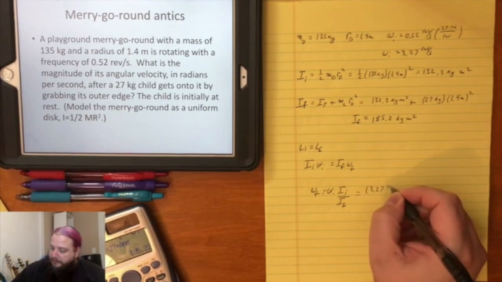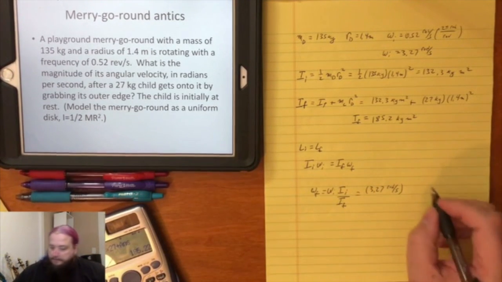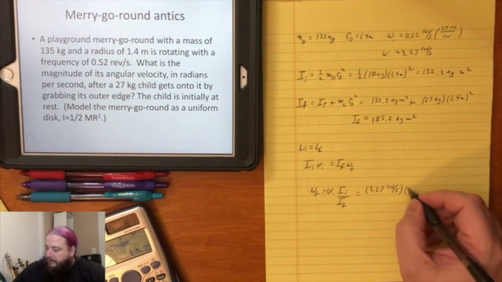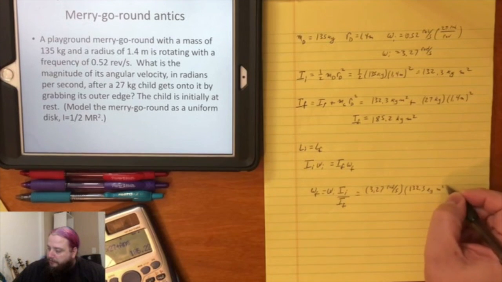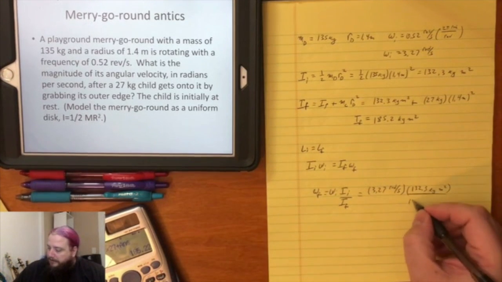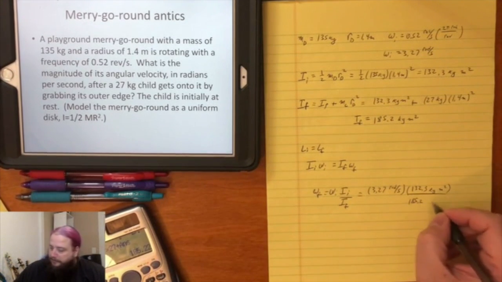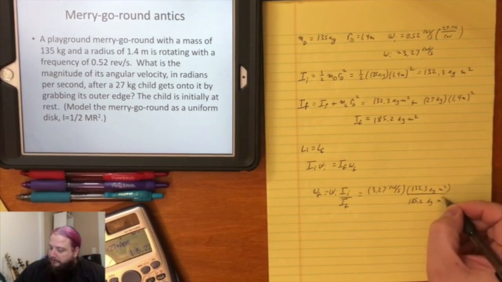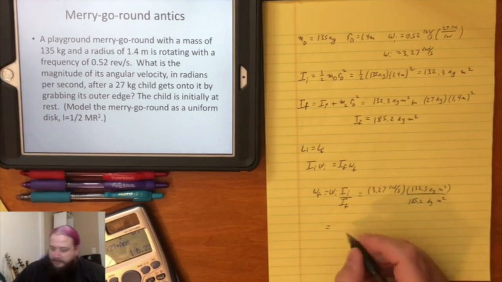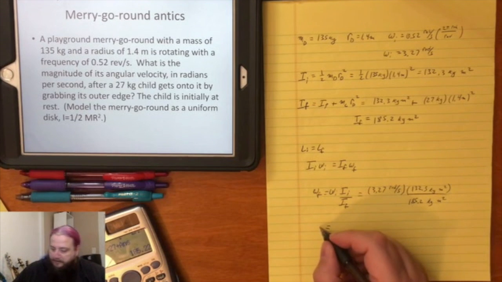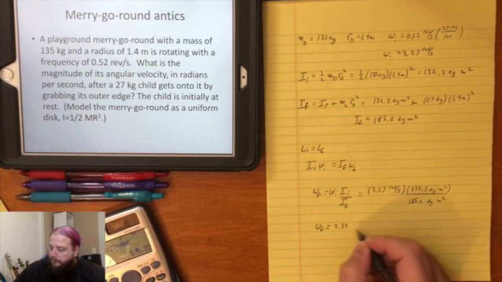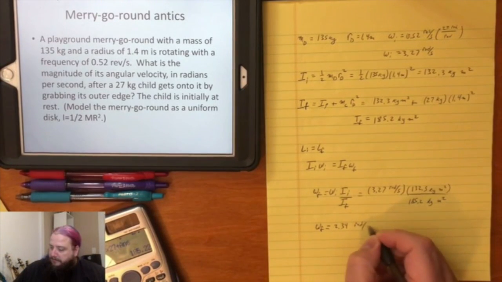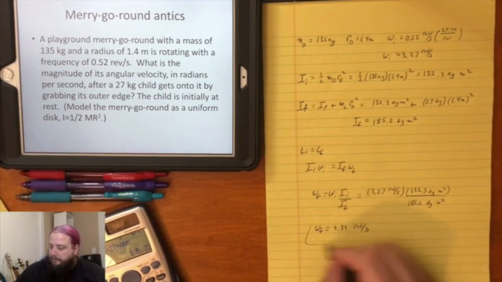So that's 3.27 radians per second times our 132.3 kilogram meters squared over 185.2 kilogram meters squared, and that gives us an angular velocity of 2.34 radians per second.